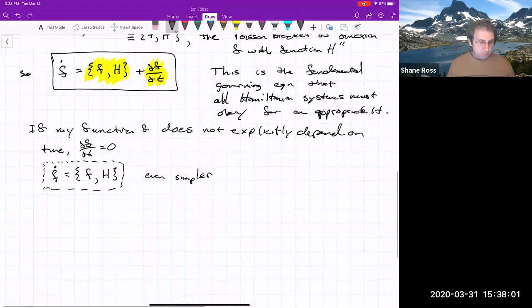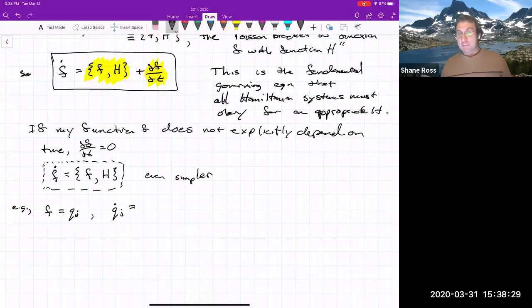Okay, so what about it? Suppose I want to know how the variable qi evolves, or let me say, sorry, qj, since I've got the index i for something else. If f is qj, then qj as a function depends only on qj, it doesn't depend on time.